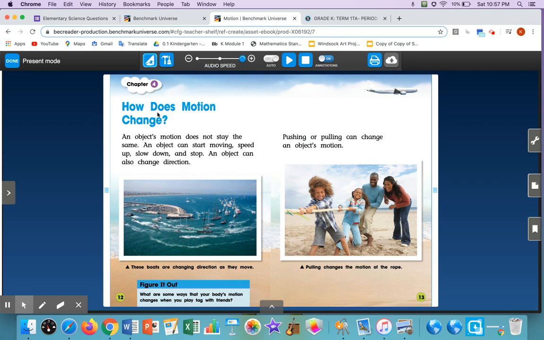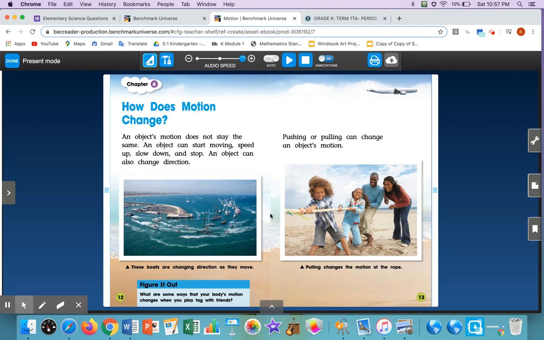Chapter 4. How does motion change? An object's motion does not stay the same. An object can start moving, speed up, slow down, and stop. An object can also change direction. Pushing or pulling can change an object's direction.